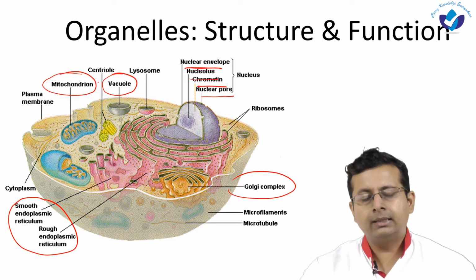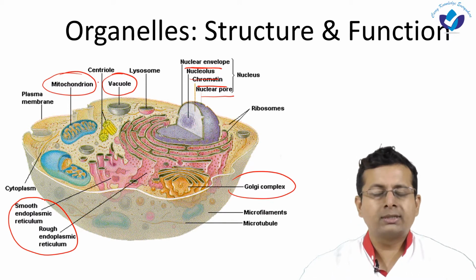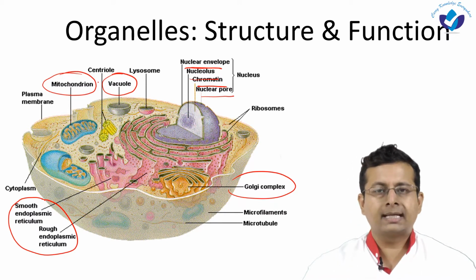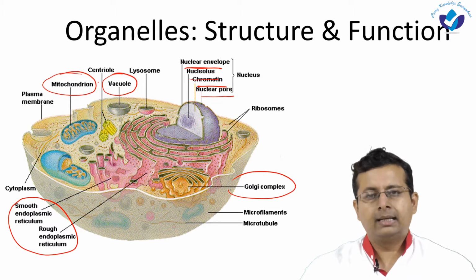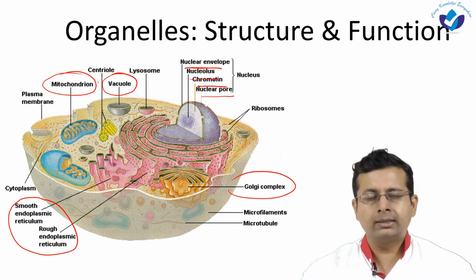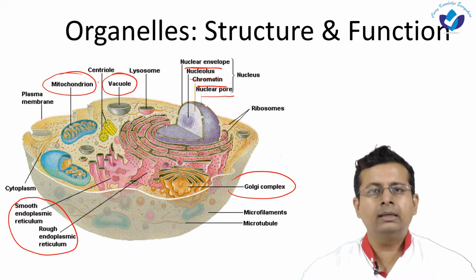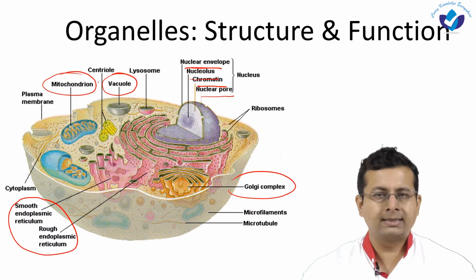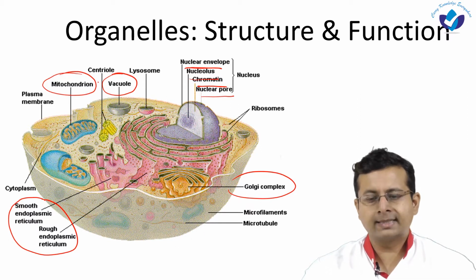Vacuoles are quite big in the plant cell, and they are responsible for maintaining the pressure inside the plant cell. They are also considered to be storehouses of the food material that is produced inside the plant cells, since they are autotrophic cells.